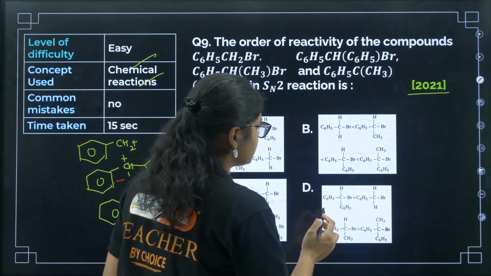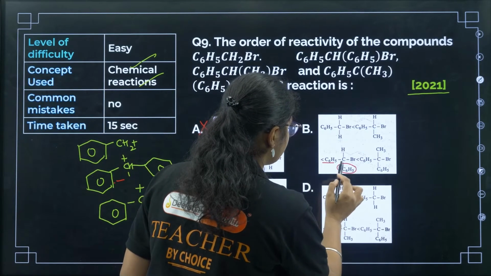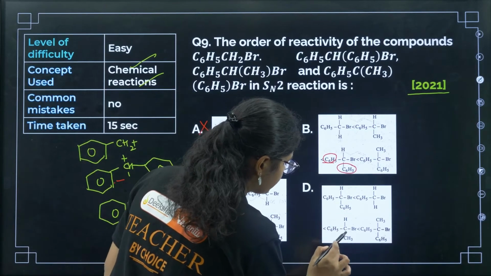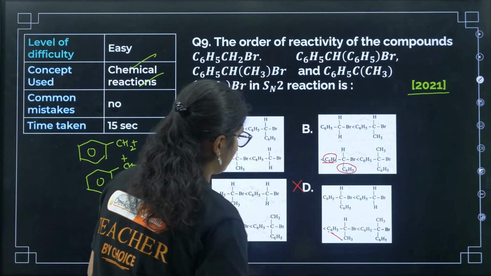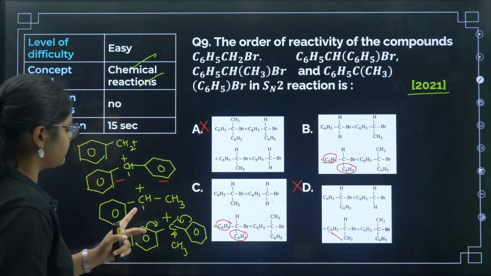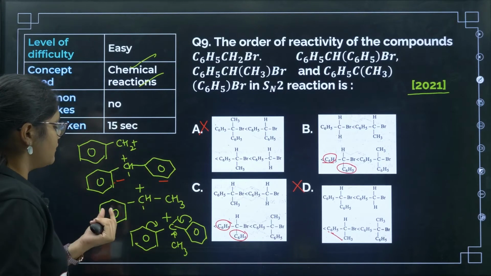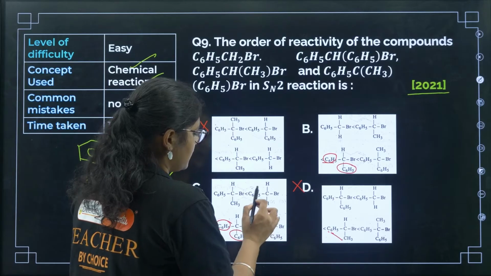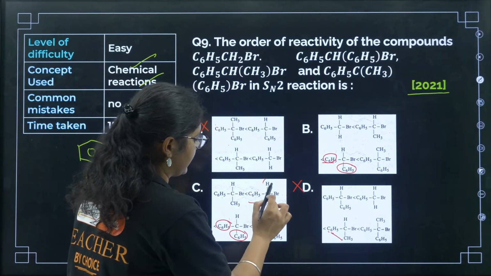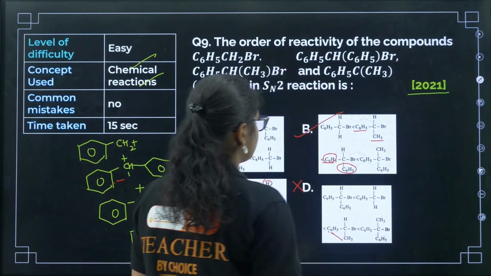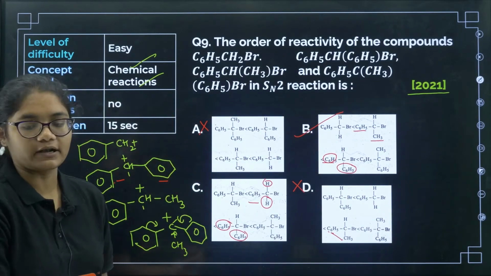The next one is 2 C6H5 groups, it is present here, here also, here it is not present, right? So we can eliminate option number D. Now after getting 2 C6H5, out of these two, we have one phenyl group and one methyl group. Here it is phenyl and H, whereas here it is phenyl group and methyl group. So that is why option number B will be the correct answer here.